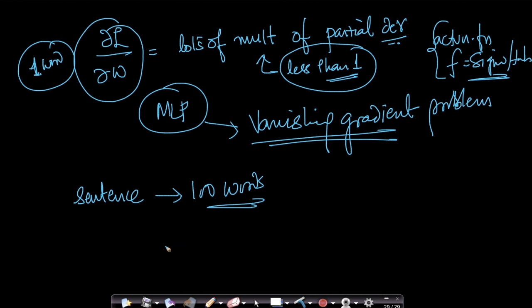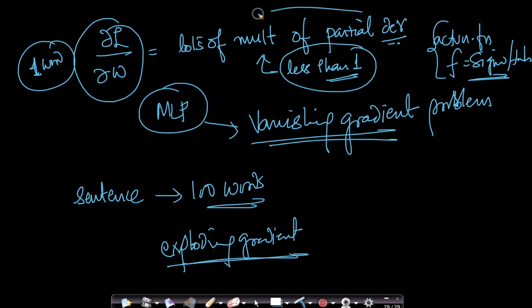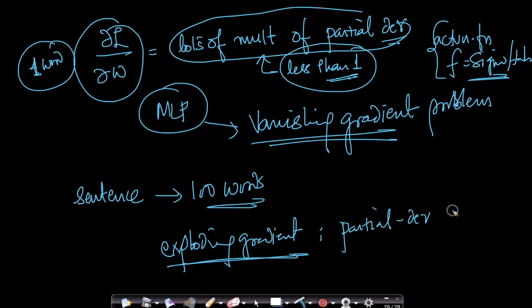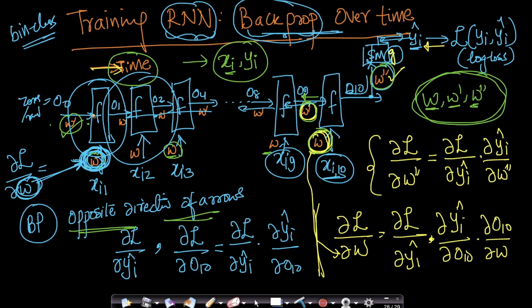You can also have the exploding gradient problem. If at the end of the day you're multiplying lots of partial derivatives, if they're less than 1, you have vanishing gradient. If they're greater than 1, or at least some of them are greater than 1, then you'll run into the exploding gradient problem. And please note that you're not running into this problem because you have lots of layers.